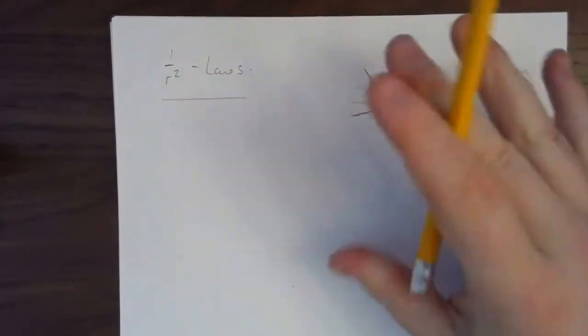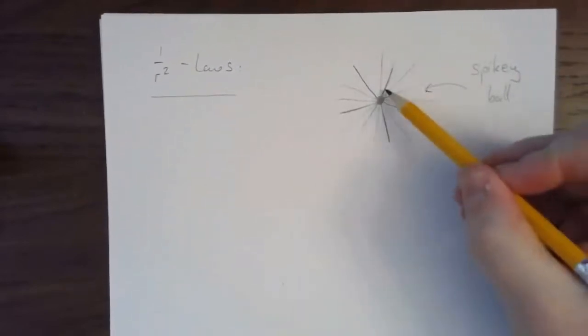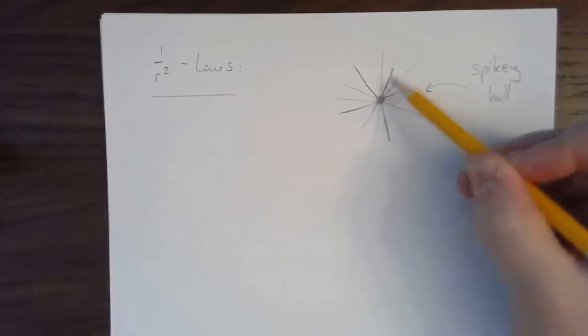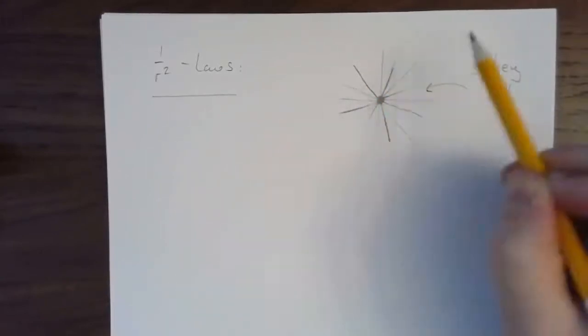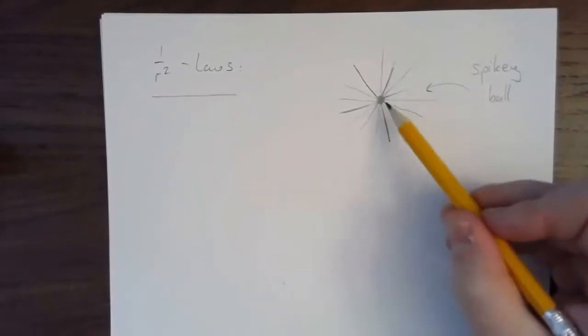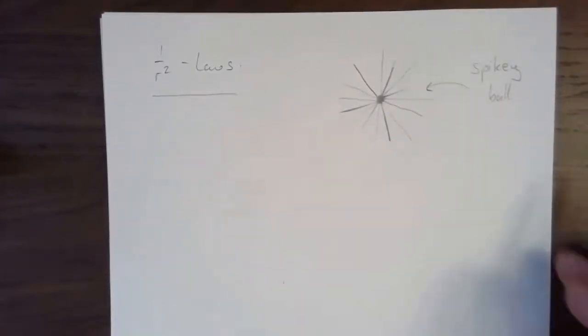If I imagine that from this mass, there are spikes going out in all directions, right? You could think 3D here. It's hard for me to draw that, so think of a spiky ball, with spikes not just in a circle, but spherically in all directions: forwards, backwards, up, down, left, right, and at all sorts of angles.